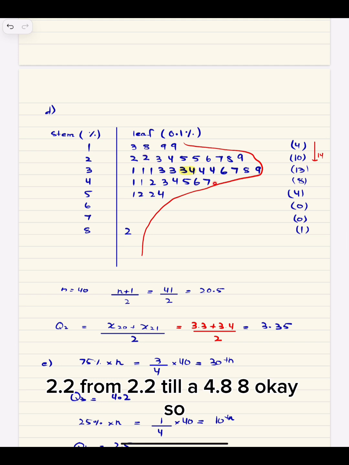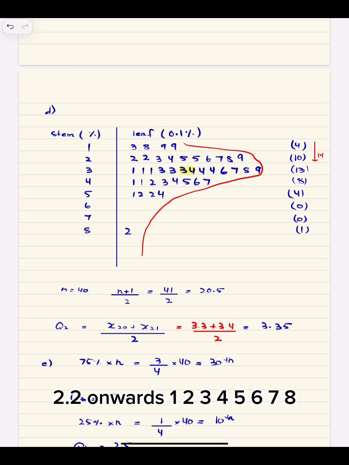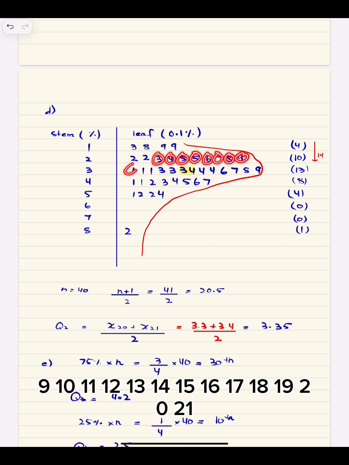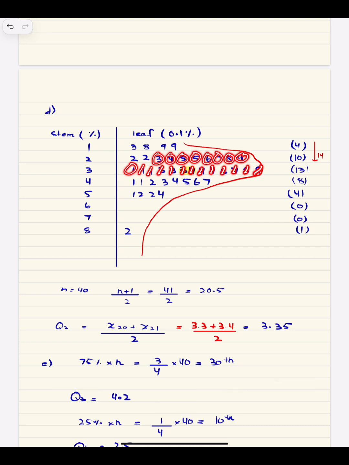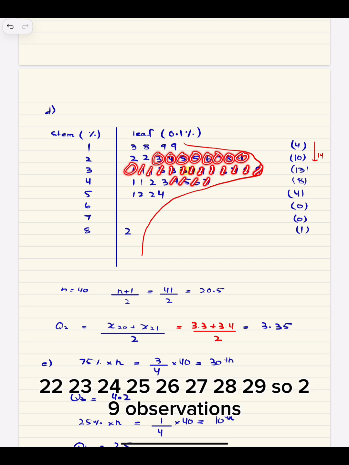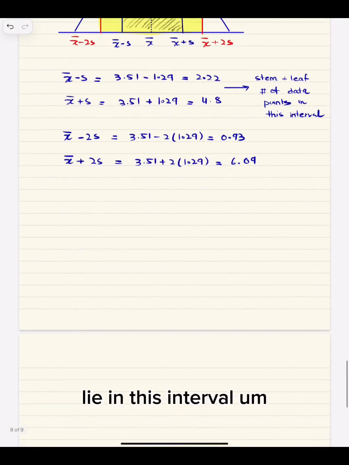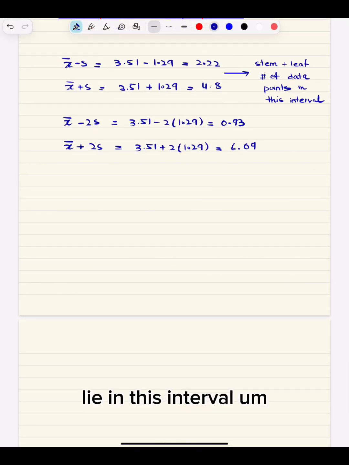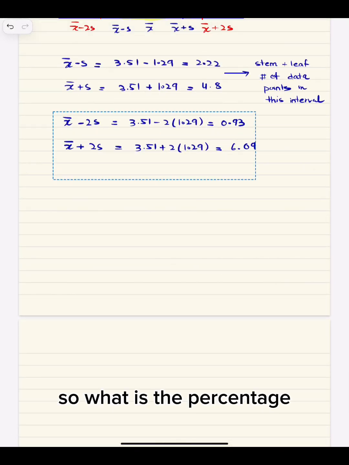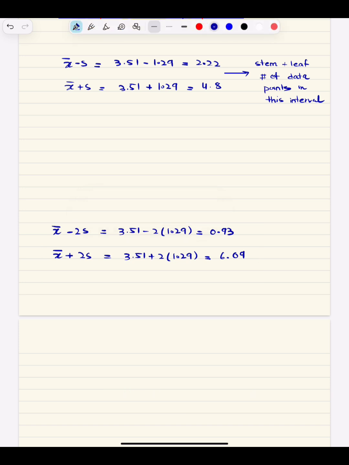Okay, so 2.2 onwards. 1, 2, 3, 4, 5, 6, 7, 8, 9, 10, 11, 12, 13, 14, 15, 16, 17, 18, 19, 20, 21, 22, 23, 24, 25, 26, 27, 28, 29. So 29 observations lie in this interval. So what is the percentage?